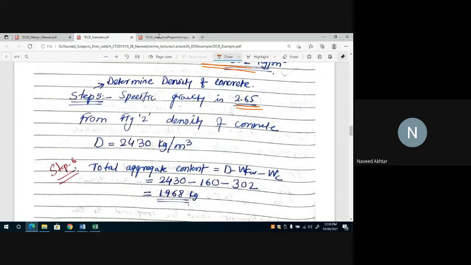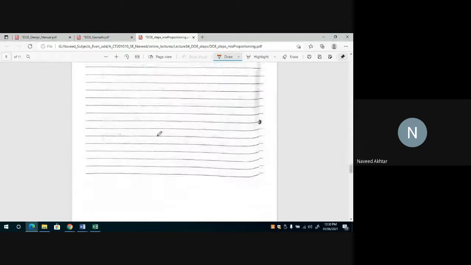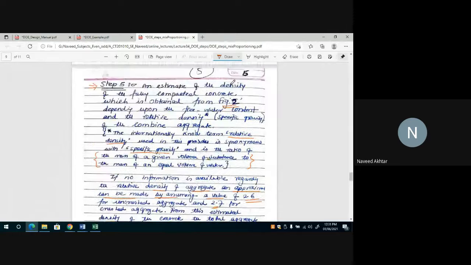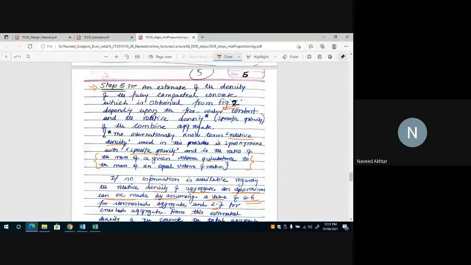We need Figure number 2 of the manual, the free water content value, and the specific gravity or relative density. What is specific gravity? The ratio of the mass of a given volume of a substance to the mass of an equal volume of water.